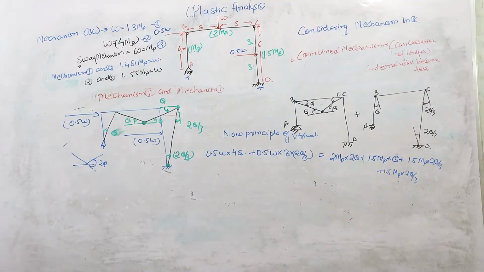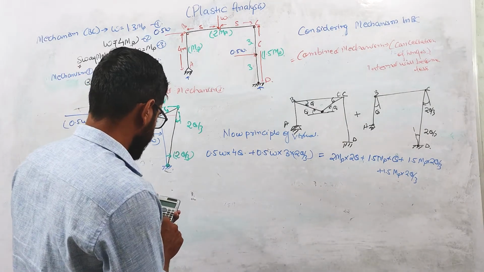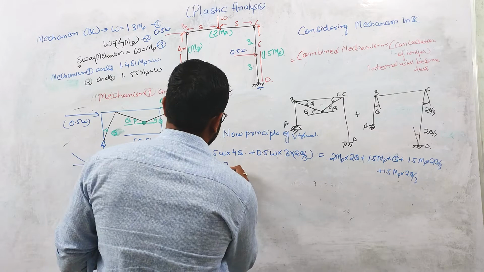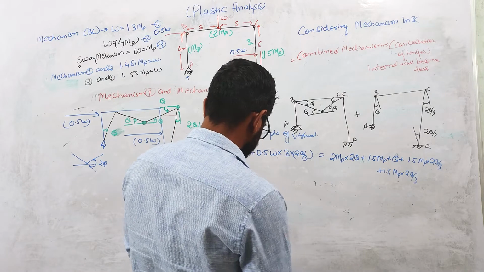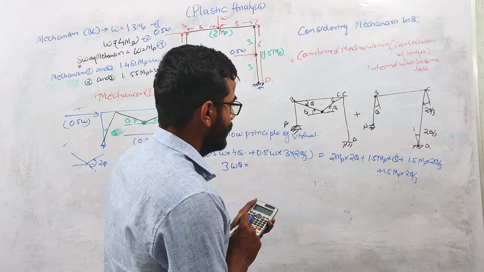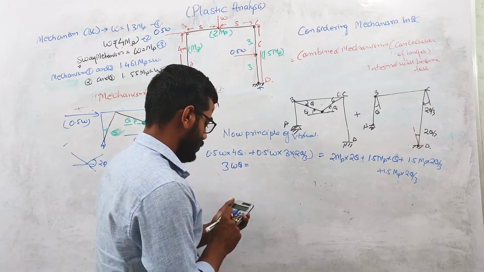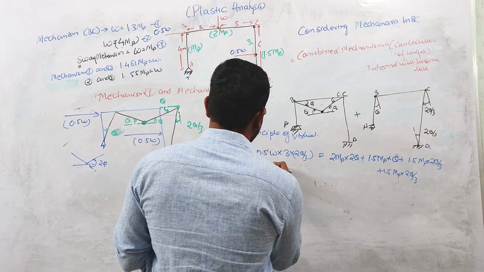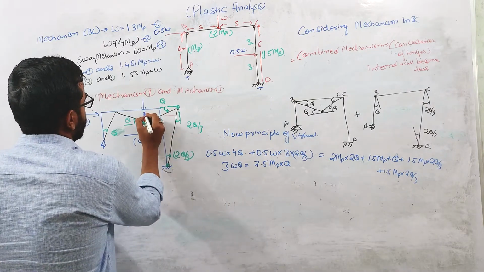If you solve this equation, 0.5 into 4 plus 0.5 into 2, this is 3 W theta, equals 4 plus 1.5 plus 2, which is 7.5 MP into theta. I forgot to write that external work done will be due to this load also.